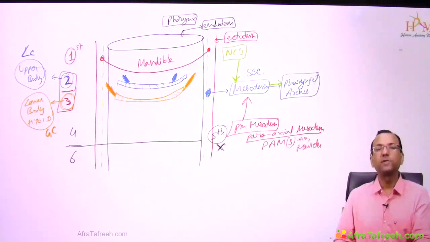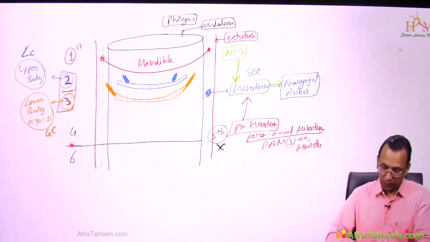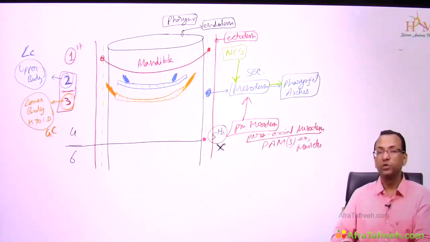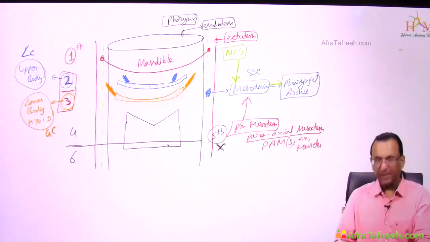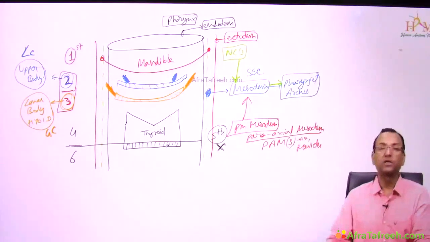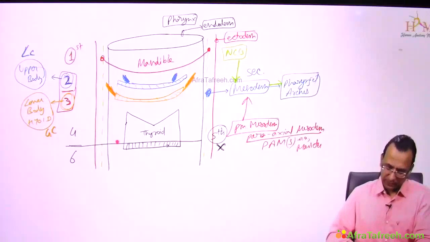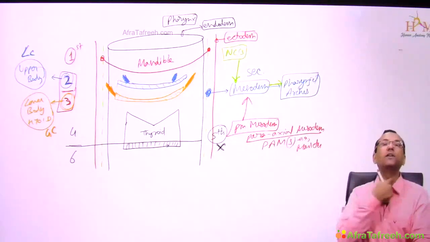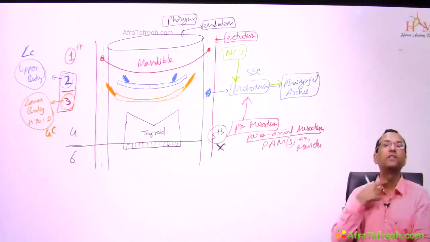Now the front view of the thyroid cartilage of the larynx: partly developing in the sixth arch, but mostly developing in the fourth arch.